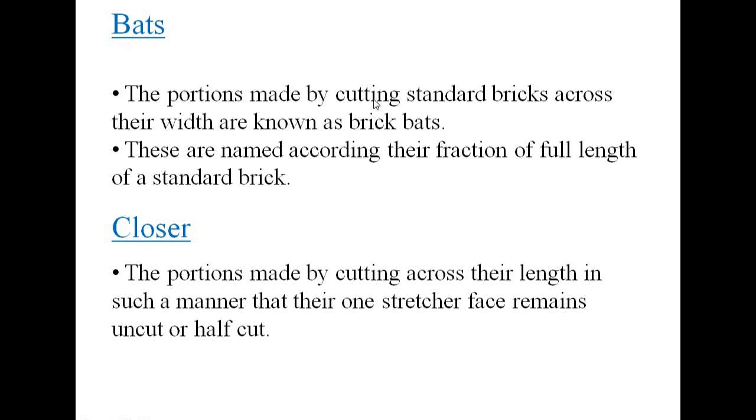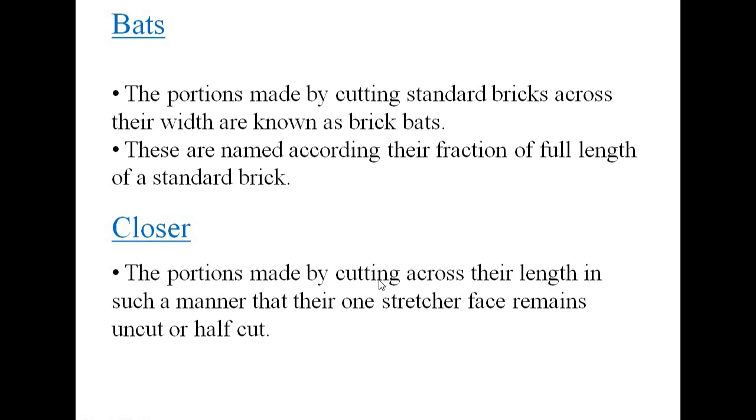The portions made by cutting standard bricks across their width are known as brick bats. These are named according to the fraction of the full length of a standard brick. In the next image we will come to understand that. So what is a closure?